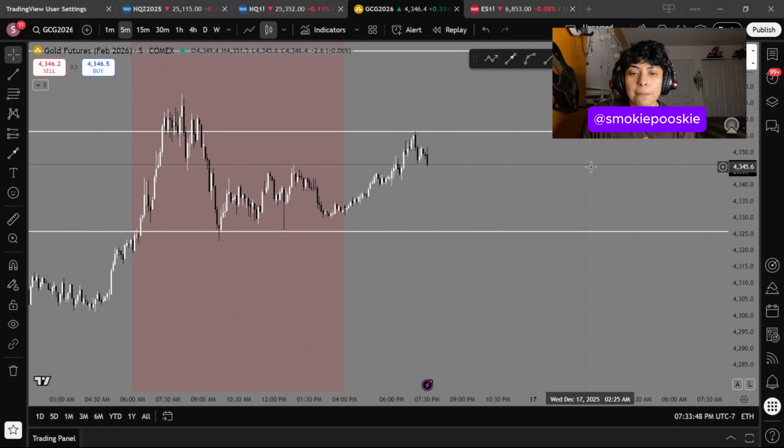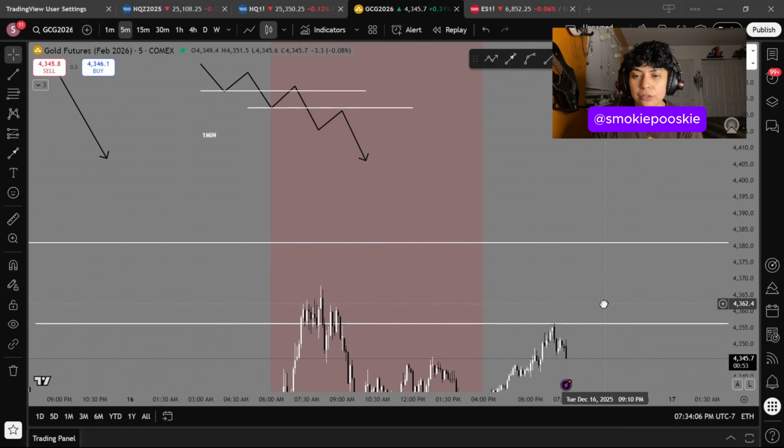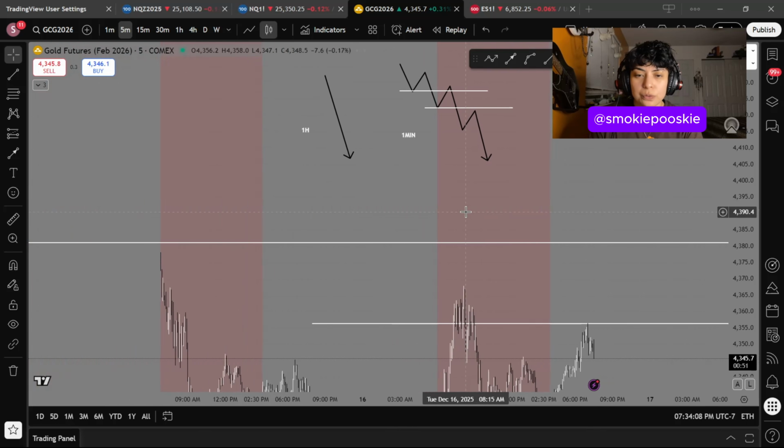Now that we have all of our higher time frame levels marked, and all of those biases in the back of our minds, we can start applying this logic, that price will not break market structure unless it's reversing, to these lower time frames.